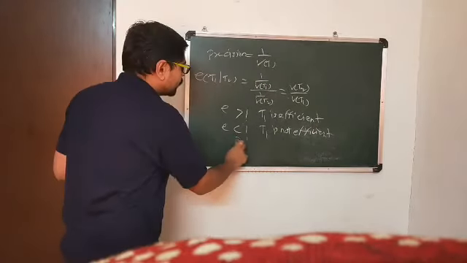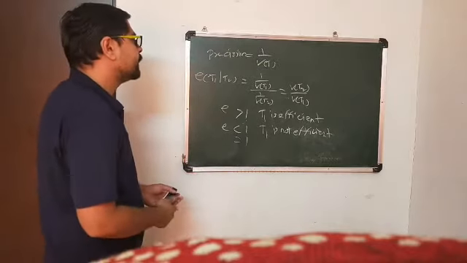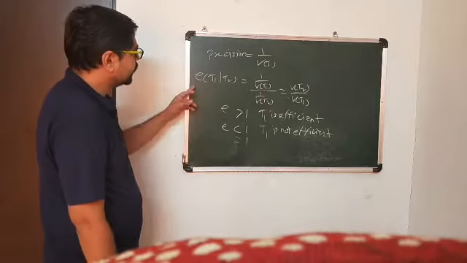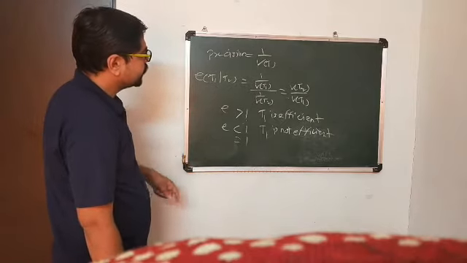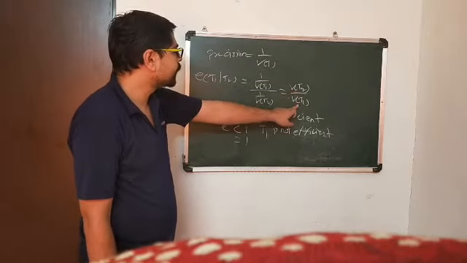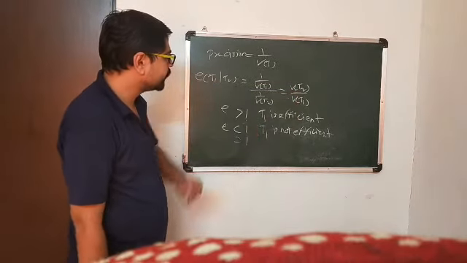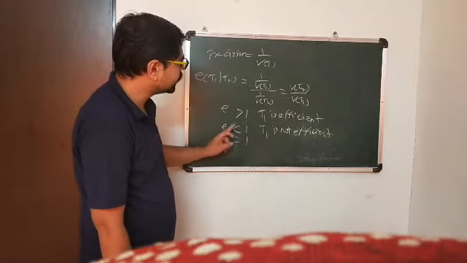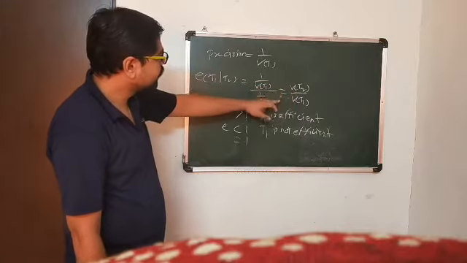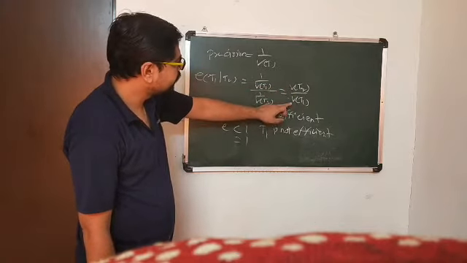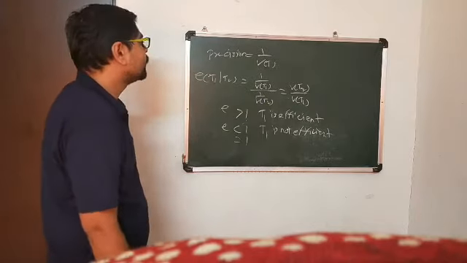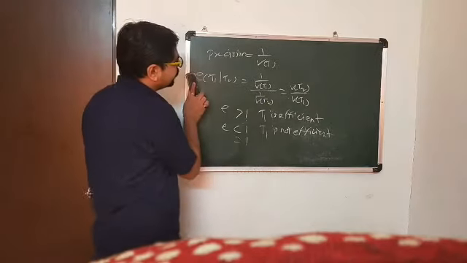And if it is equal to 1, then T1 and T2 are both equally efficient. These are the interpretations for efficiency. If E is greater than 1, it means this precision is greater than the other, so T1 is efficient. If E is less than 1, it means this value is less than the other, so T1 is not efficient than T2, and if equal to 1, then both are equally efficient.